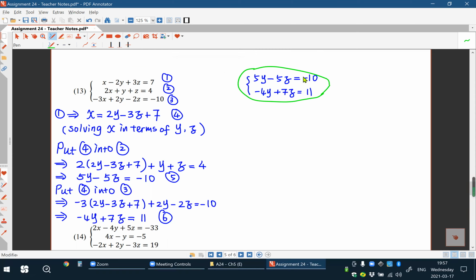From here, you already know how to solve this, because this is a 2-variable, 2-equation system. We have solved a lot of these questions. So how do we solve it?